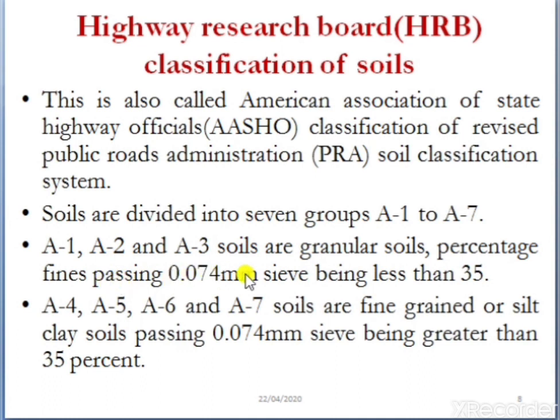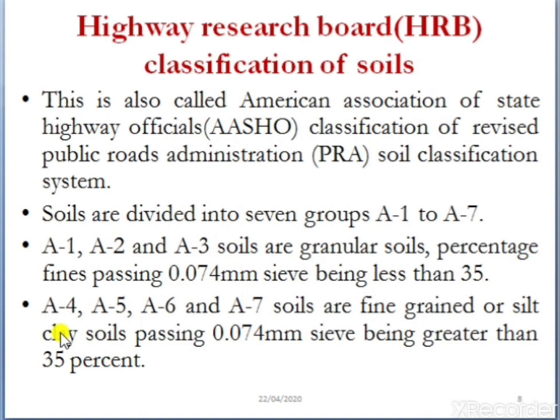And the A3 soil group consists of mainly uniformly graded medium or fine sand similar to beach sand or desert blown sand, stream deposited mixture of poorly graded fine sand with some coarse sand, and gravels are also included in this group. So this is how the soil is categorized under A1, A2 and A3 class.